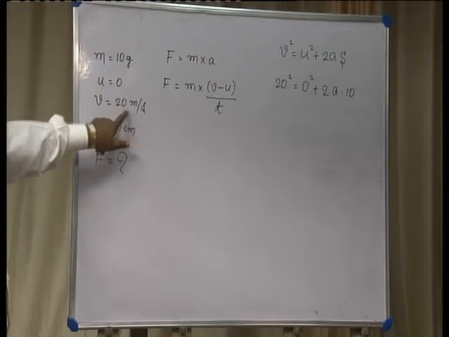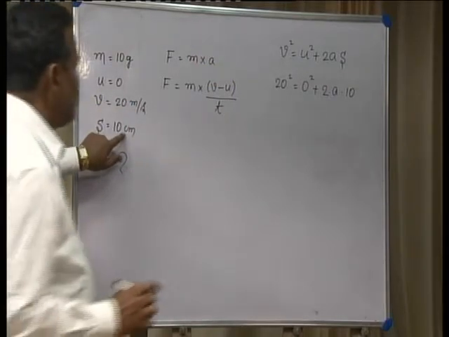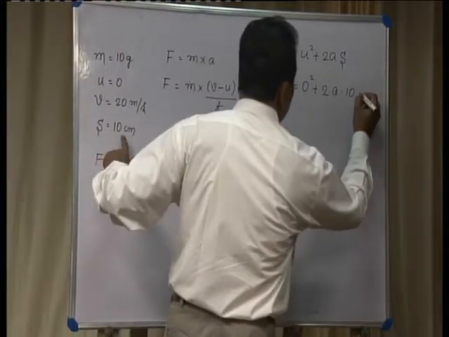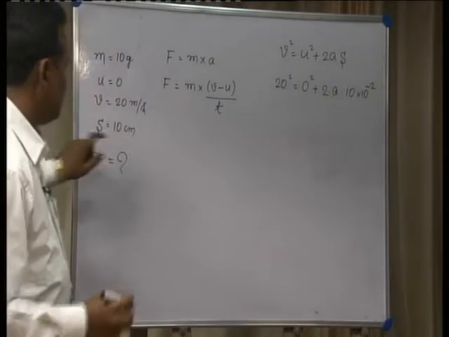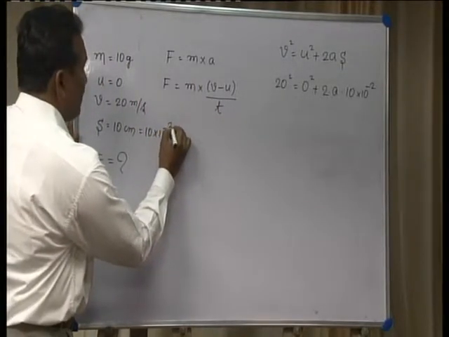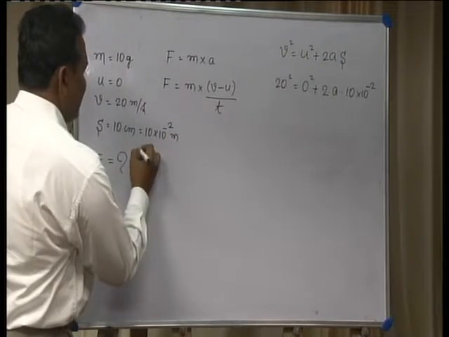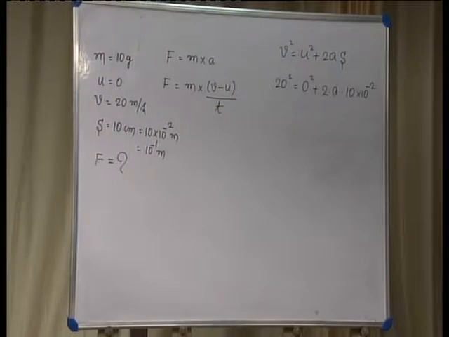V is 20 meter per second, S is 10 centimeter. Centi means 10 power minus 2. So, 10 centimeter is 10 into 10 power minus 2 meter. It is simply 10 power minus 1 meter, the distance travelled by the bullet through the wooden plank.